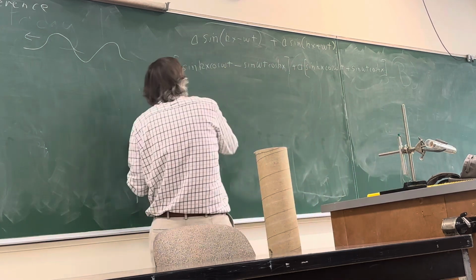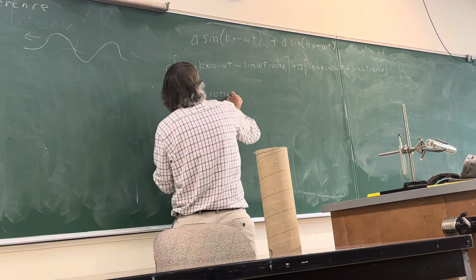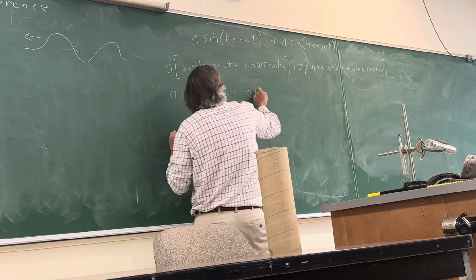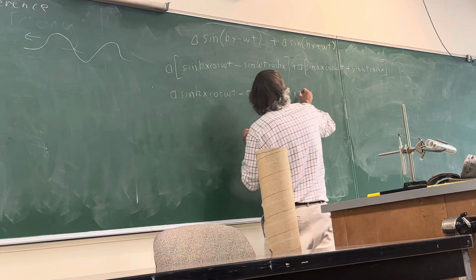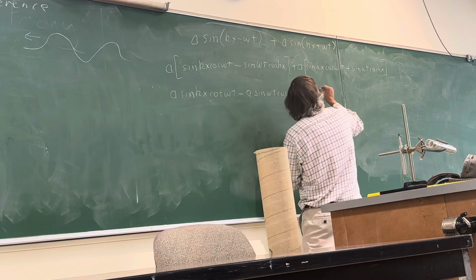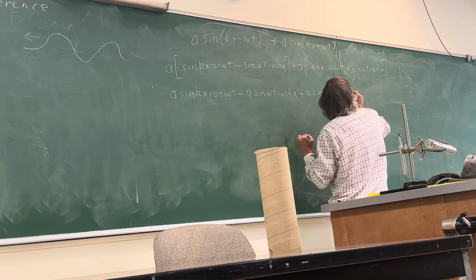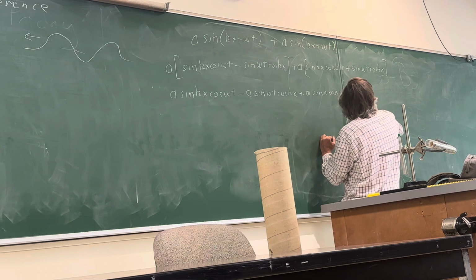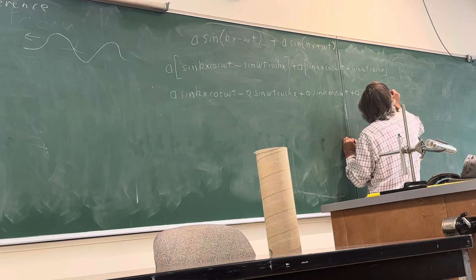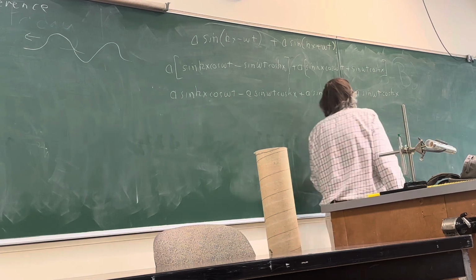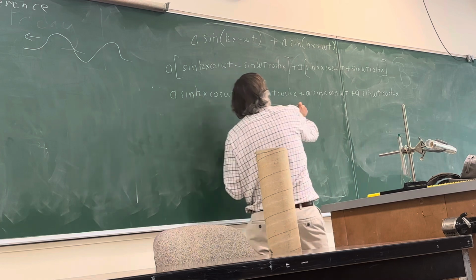If I type the A through there, I get A sine kx cosine omega t minus A sine omega t cosine kx plus A sine kx cosine omega t plus A sine omega t cosine kx.